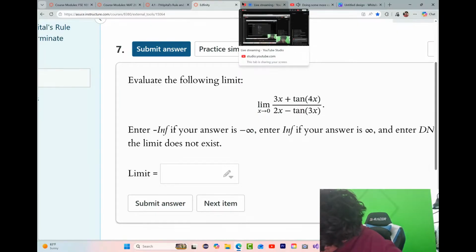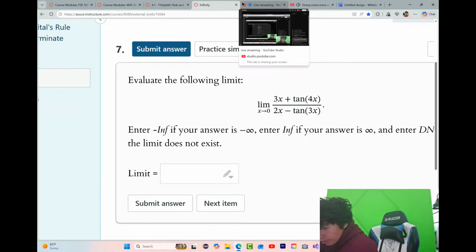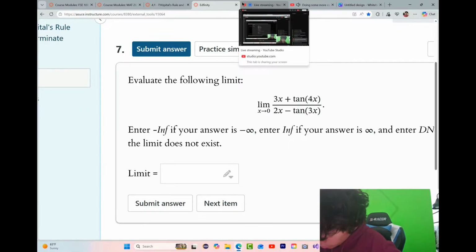Simplifying a little more, we have the limit as x to 0 of 3 plus 4 secant squared 4x over 2 minus 3 secant squared of 3x. Beautiful. What if we now replace 0? It looks like we're going to have to do all of this again.